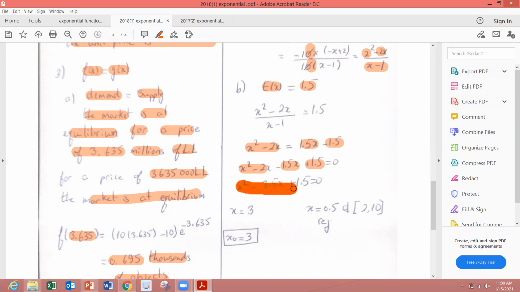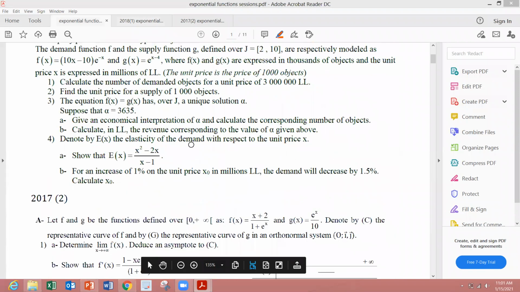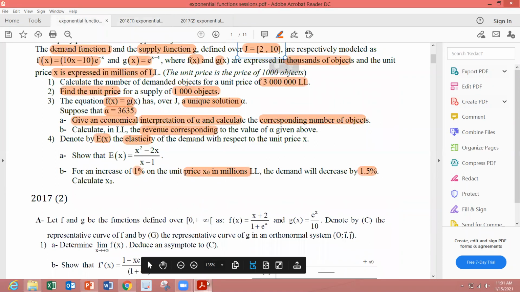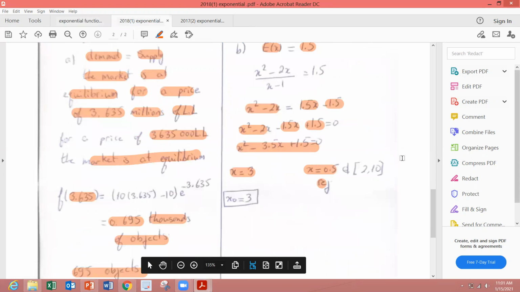Second degree equation. By using the calculator, we get x equals 3 or x equals 0.5. 0.5 is rejected because the exercise says x is between 2 and 10, and 0.5 does not belong to the interval [2, 10]. So x0 equals 3.